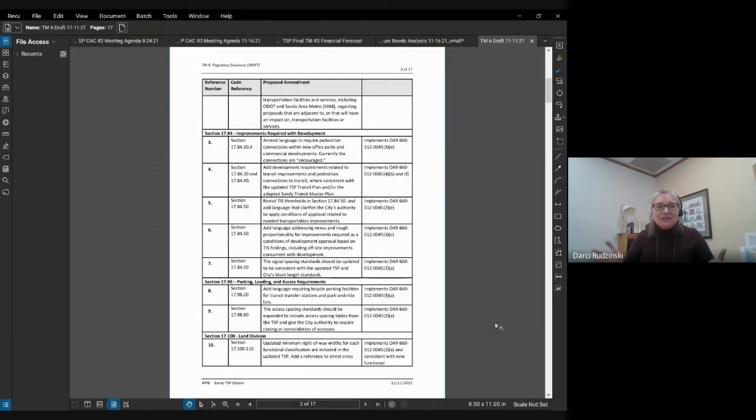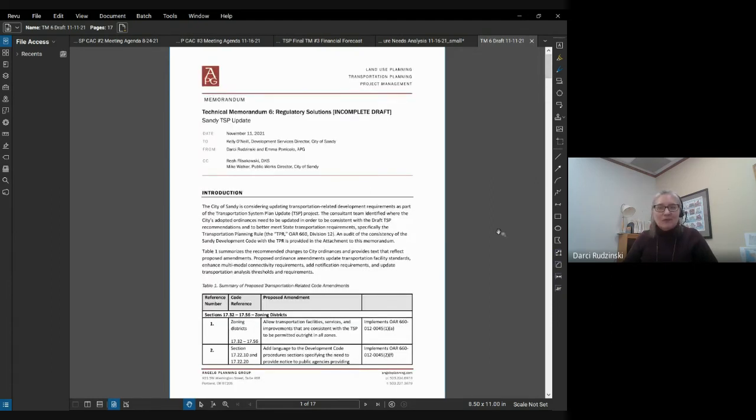And table 1 is just a summary of what we think are maybe some outstanding issues, some places where we feel like the code could be strengthened. The first couple of proposed amendments are really just administrative revisions, documenting what Sandy's already doing in practice, no doubt. So no big deal there.